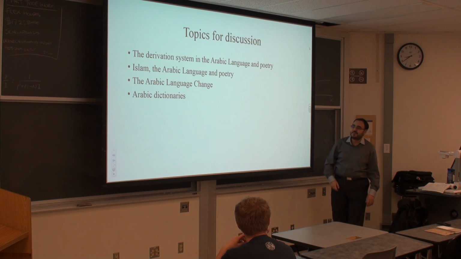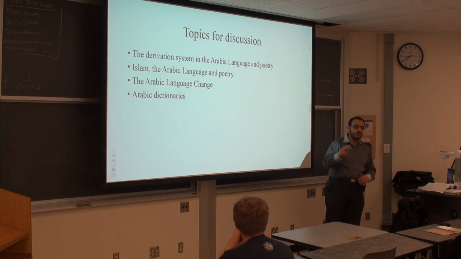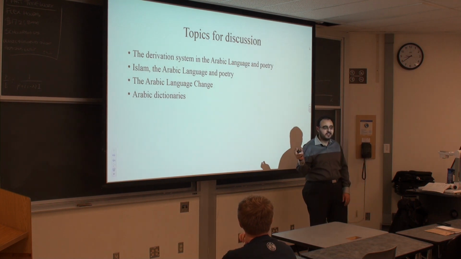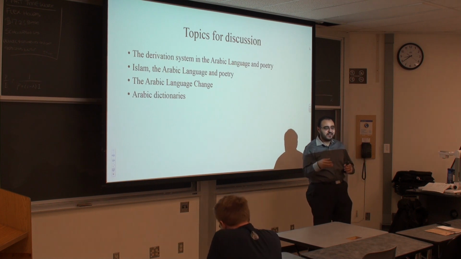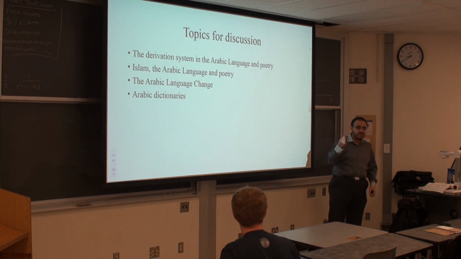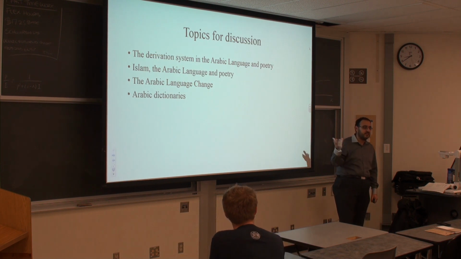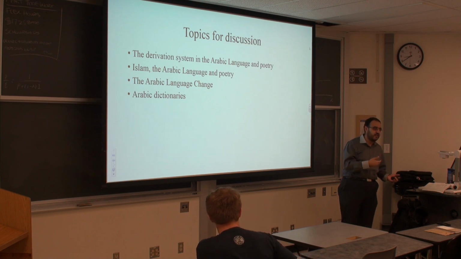So when talking about Arabic dictionaries, first of all, will we need transliteration? In English, you will have no idea how to pronounce any word in general, because every letter can be pronounced in a number of ways, and every sound can be produced in a number of ways.